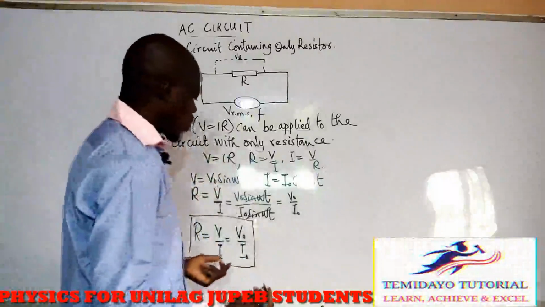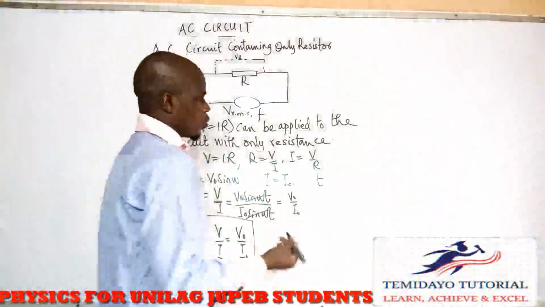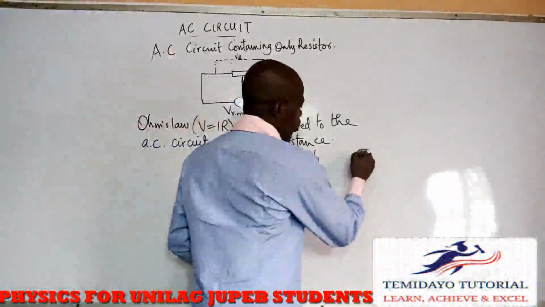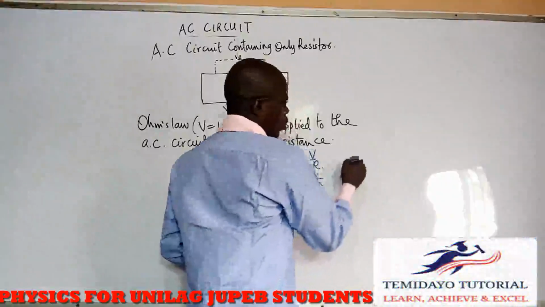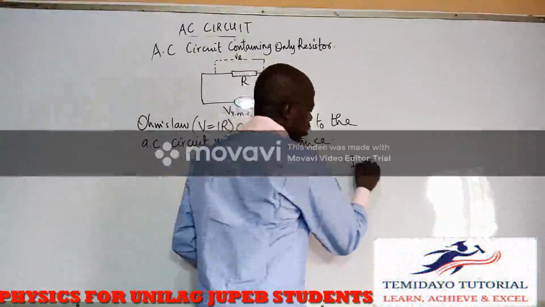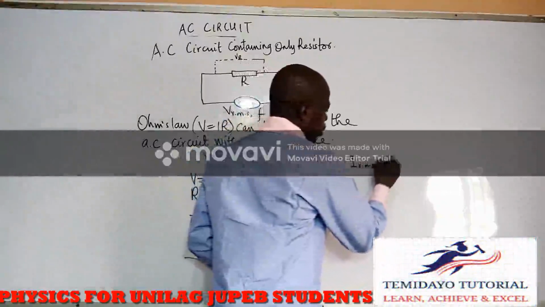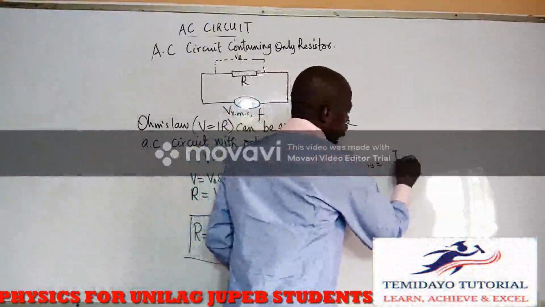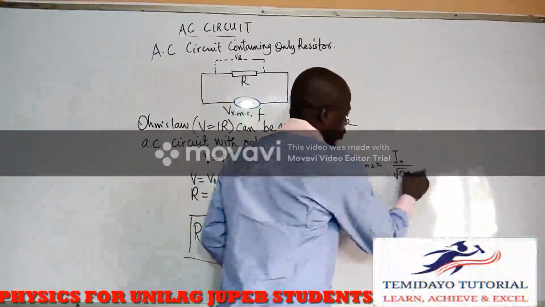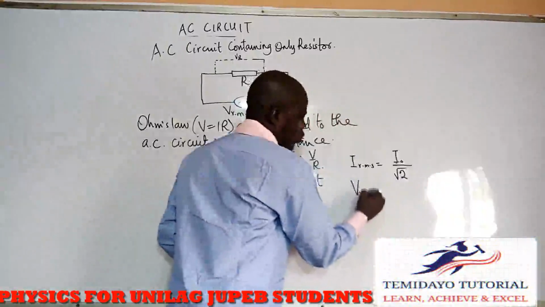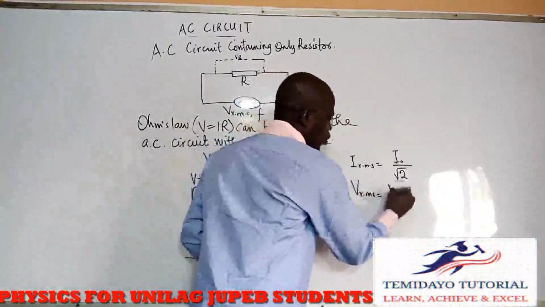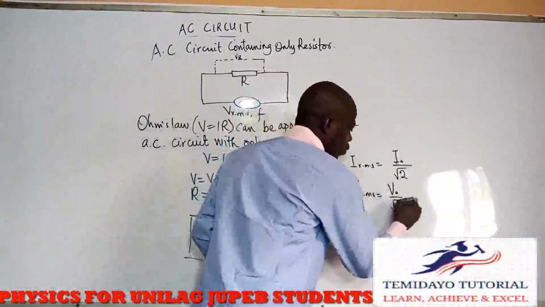Also, from our root mean square that we have defined, we realize that our root mean square value of the current, I rms, is equal to I naught over the square root of 2. And also V root mean square is equal to V naught over the square root of 2.